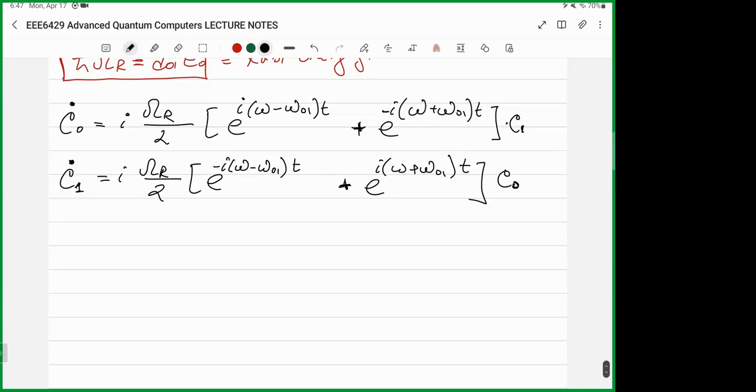These two equations are a nice point to introduce the rotating wave approximation. The rotating wave approximation is a very popular type of approximation.